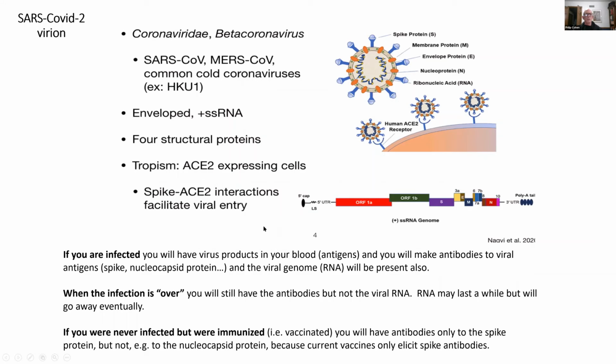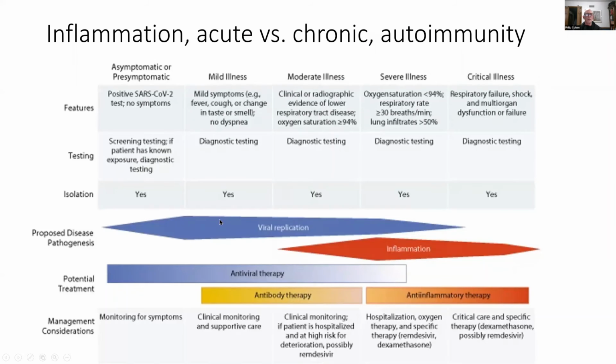And so just to bring it back to COVID, these are informational and you can look at them, but the point is, here's a typical case of COVID. It's just time along the right. And so this is viral replication.